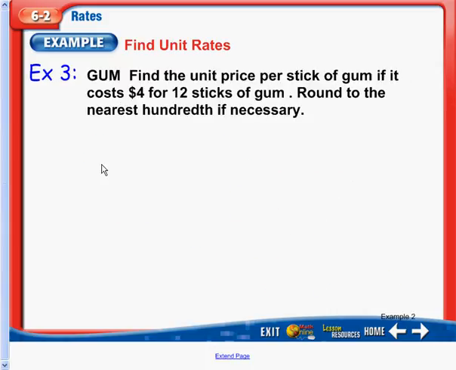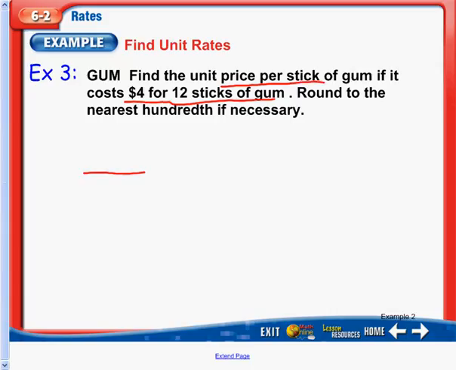Next example is gum. Find the unit price per stick of gum if it costs $4 for 12 sticks of gum. Round to the nearest hundredth if necessary. So, $4 per 12 sticks of gum. And we want price per stick.